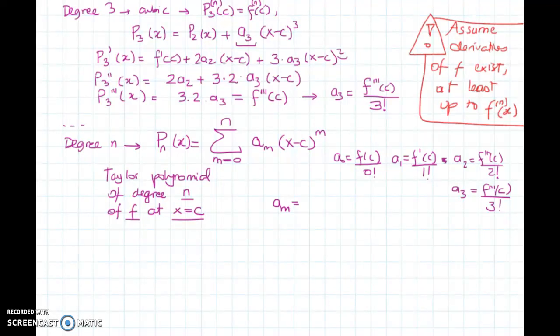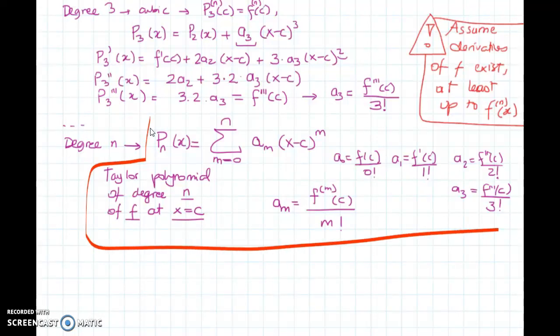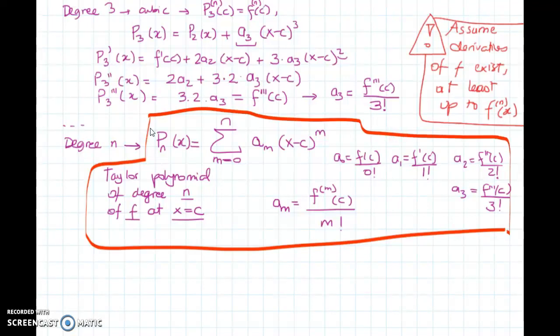We want it to be the mth derivative of the function evaluated at c divided by m factorial. This is what we wanted to define. This is how we find the Taylor polynomial of degree n associated to a function at a point.